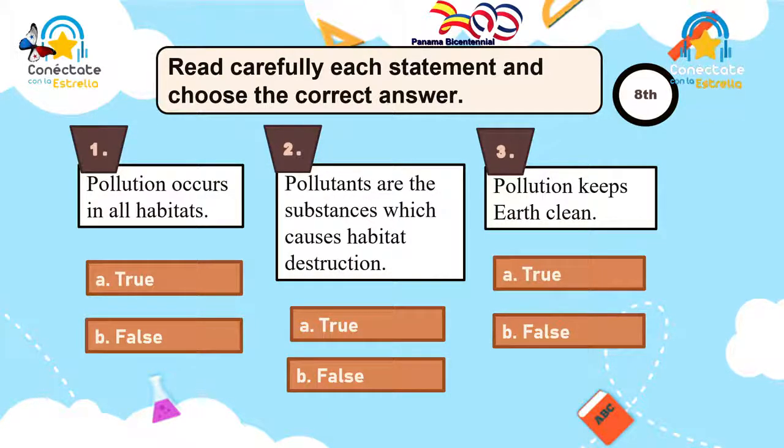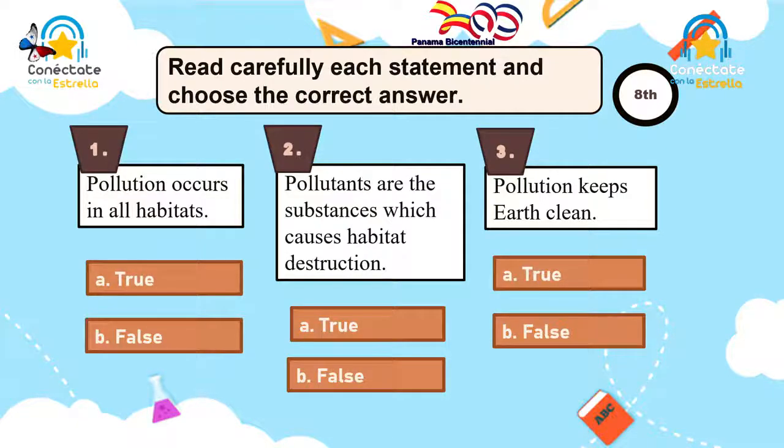I would say it's letter A, true. Letter A, true. Exactly. Yes, correct. Let's go with number two. Pollutants are the substances which cause habitat destruction. Okay. To give you an example of pollutants is the carbon dioxide. Okay. Also, I can say some chemicals in the water. Yes.